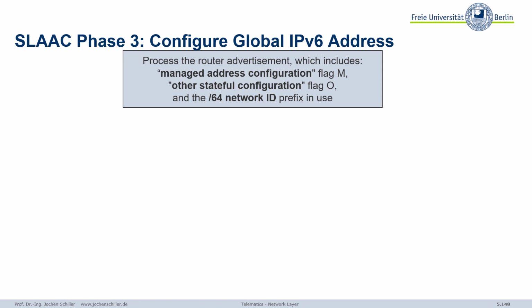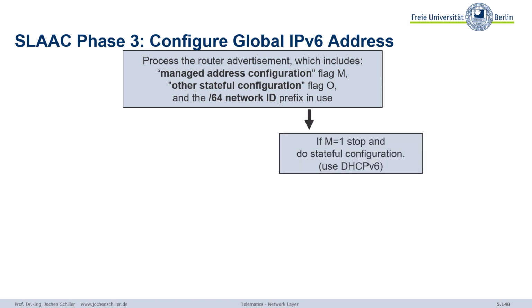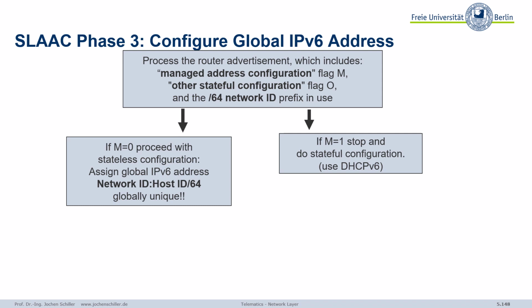Now, depending on certain flags, for example, if we have a managed address configuration, we stop here and do a stateful configuration, using DHCP version 6. But we don't have to do this. If this flag M is 0, then we go into stateless configuration. This is why this is called stateless automatic address configuration, SLAAC.